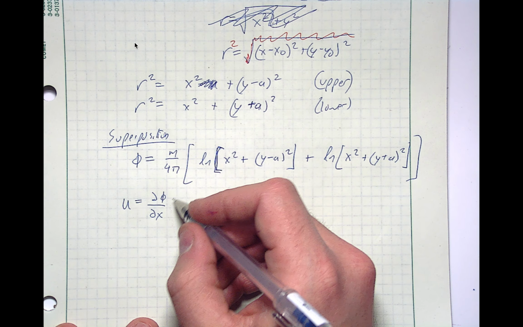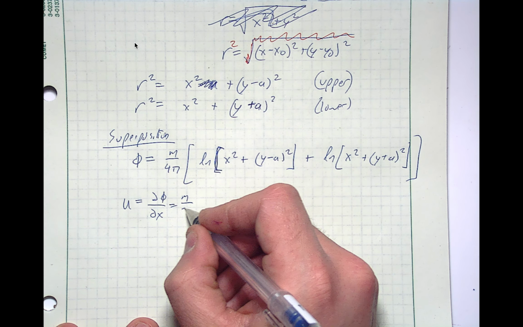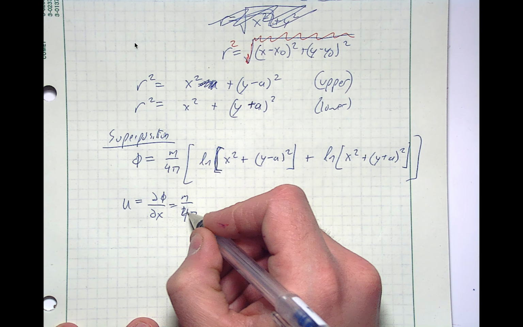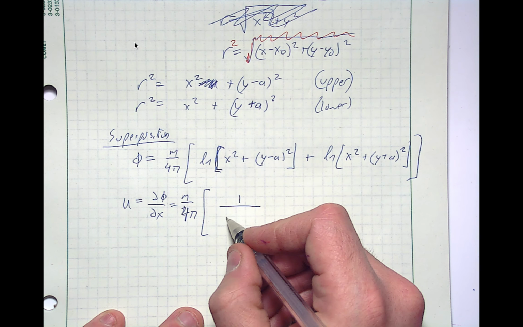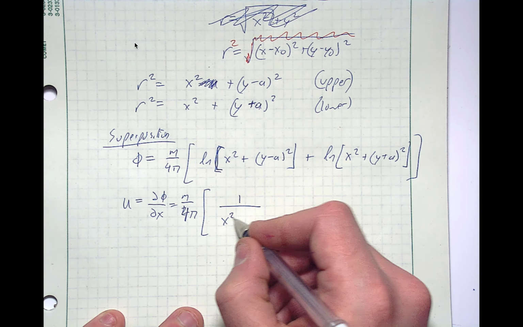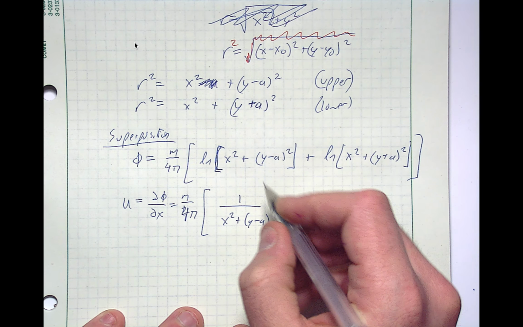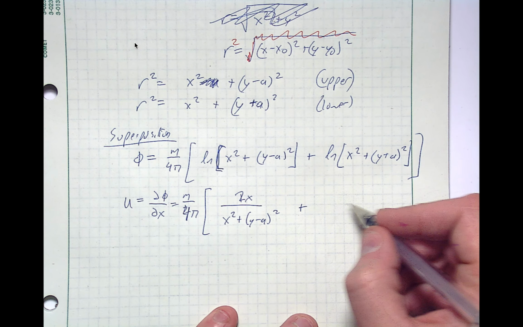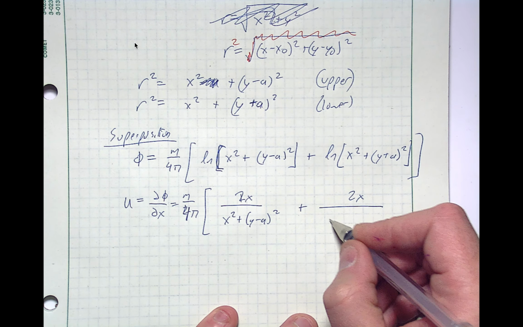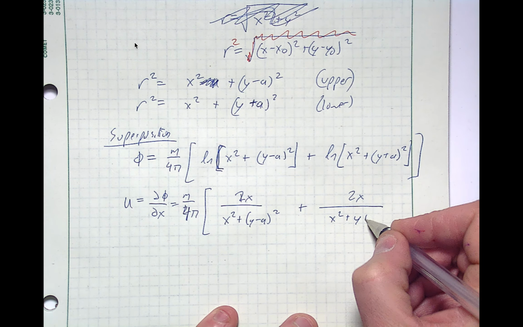Okay, so this is going to be m over 4 pi times 1 over x squared plus y minus a squared, and then on top we just have 2x through the chain rule, plus, again, 2x over x squared plus y plus a squared.